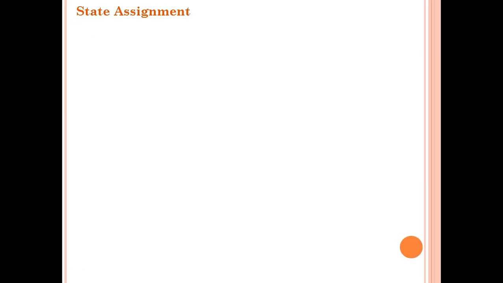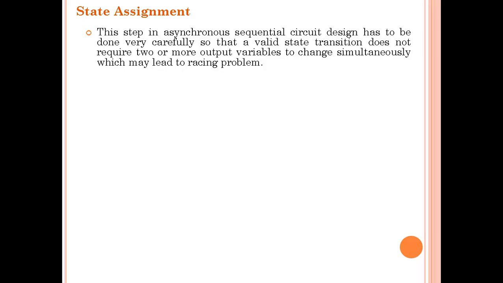State assignment. This step in asynchronous sequential circuit design has to be done very carefully so that a valid state transition does not require two or more state variables to change simultaneously, which may lead to a racing problem.